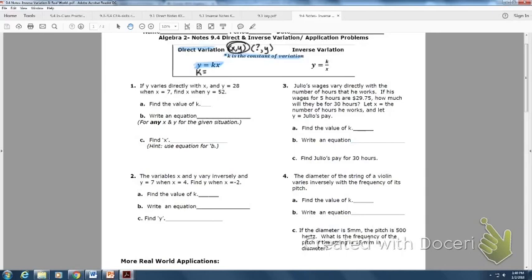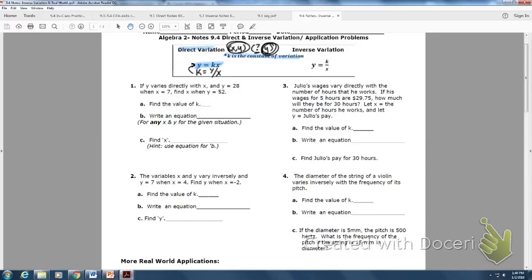To find the k value on a direct variation, it's just the y value divided by x. And then once you find that k value, you can use the equation y equals k times x, and the one value that you know in the other point, to find the missing value.